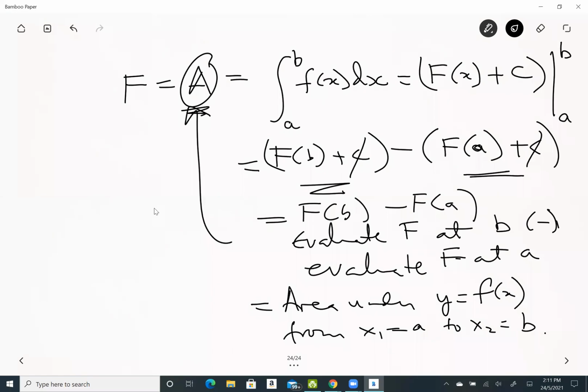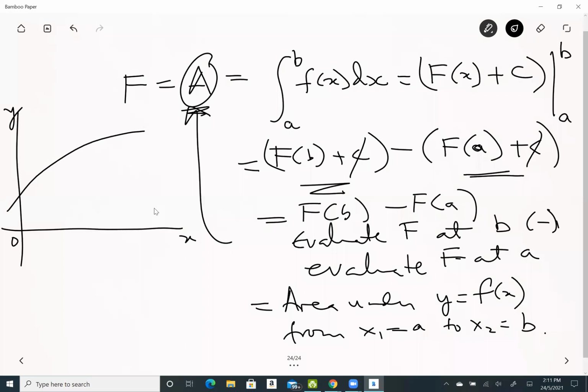Now, graphically, we can intuitively see it's something like this. You got the graph, y, x. Suppose you have a function, something like this, y equal to f of x. Then you want to find the definite integral from a, this one is x1, to endpoint b, x2.